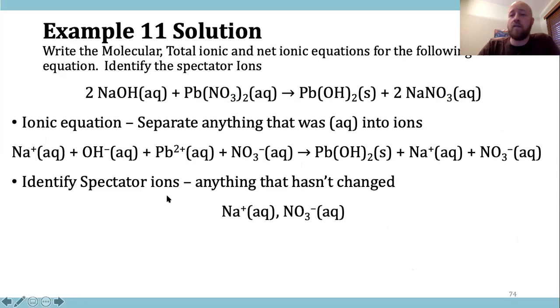Spectators are anything that hasn't changed from the reaction. So in this case, the nitrate is still a nitrate, and the sodium is still a sodium. So nothing has changed in those two particular ions, so they are spectator ions. They are also our rule number 1 ions. So again, if you can just identify those rule number 1 ions, they help you to eliminate particular answers.